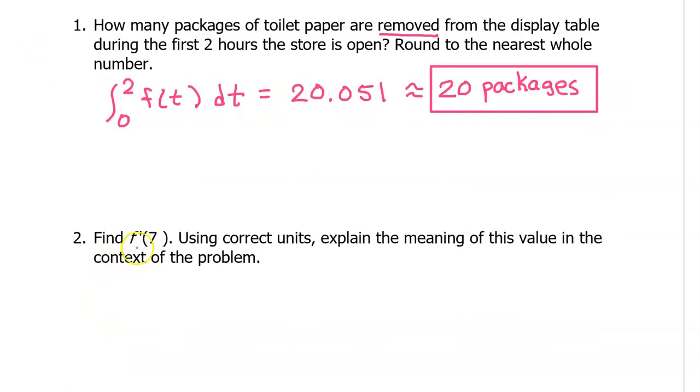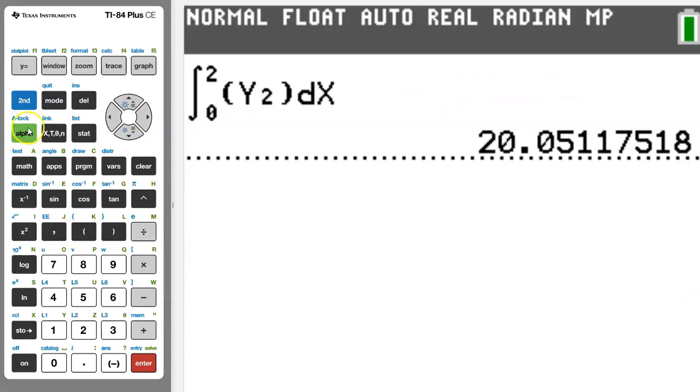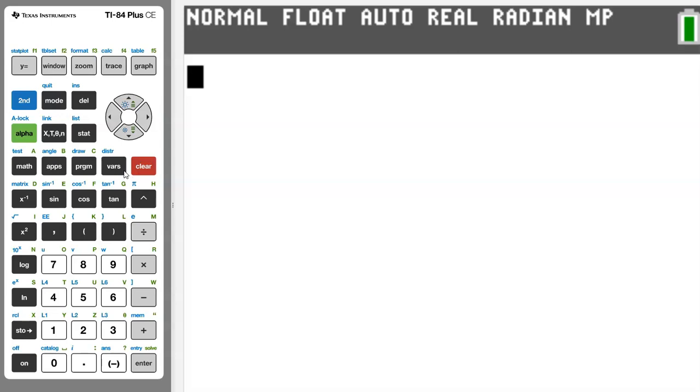Problem number 2. Find f prime of 7. Using correct units, explain the meaning of this value in the context of the problem. Keep in mind that we typed f of t into y2 on the calculator. Let me show you how to evaluate f prime at 7. So for the derivative, you hit the math button and choose 8.